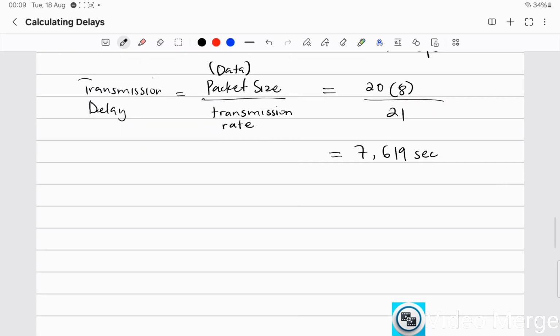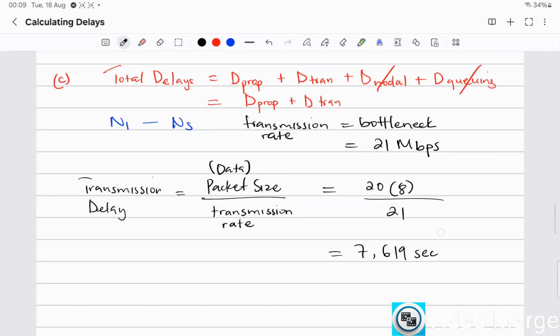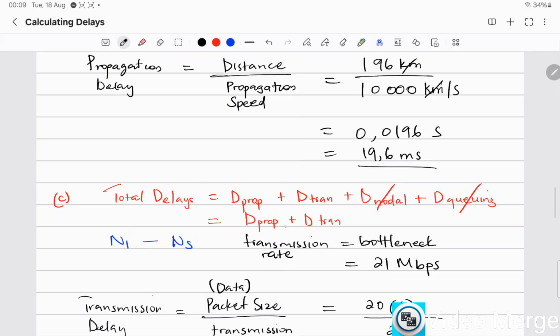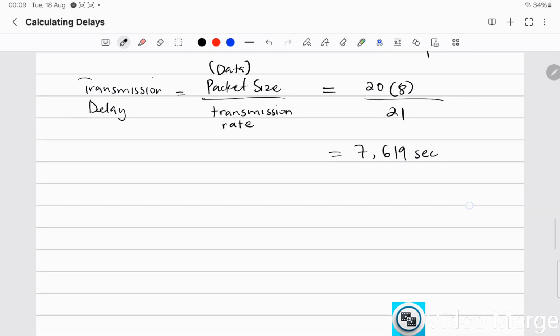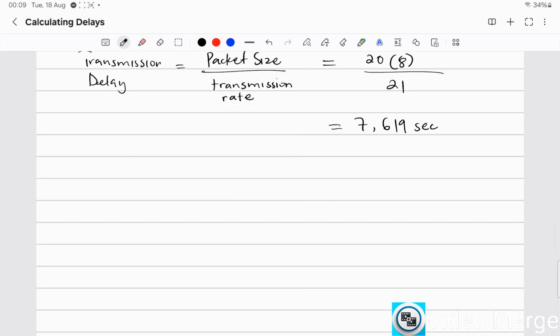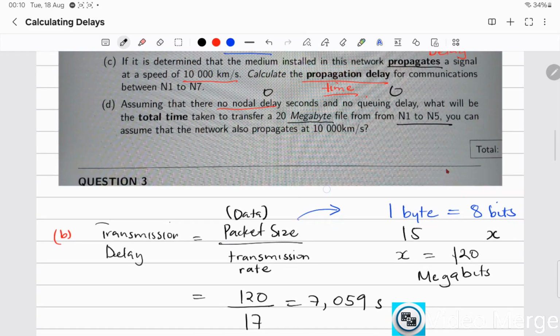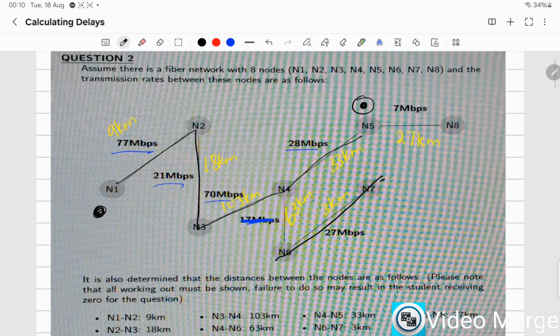Okay, now we actually got this. We need to get the propagation delay now, which needs us to know the total distance, and remember, it's from N1 to N5. I'll quickly calculate it. We have 9 kilometers plus 18 kilometers, which is equal to 27.